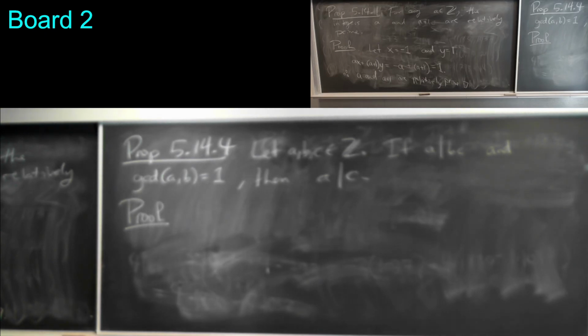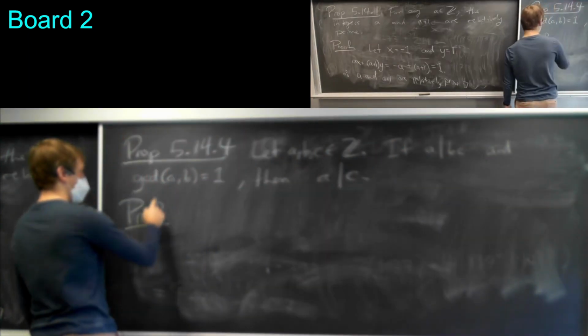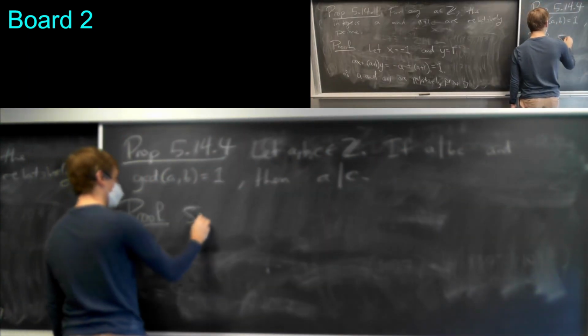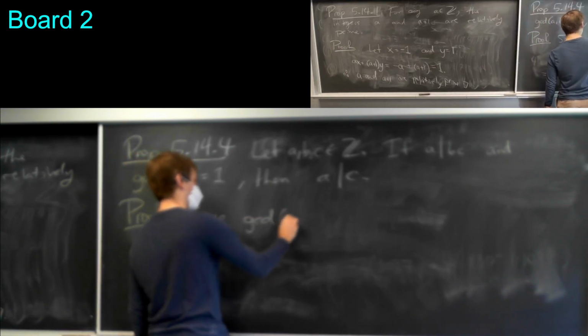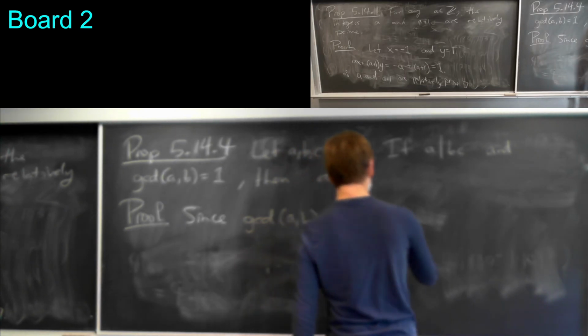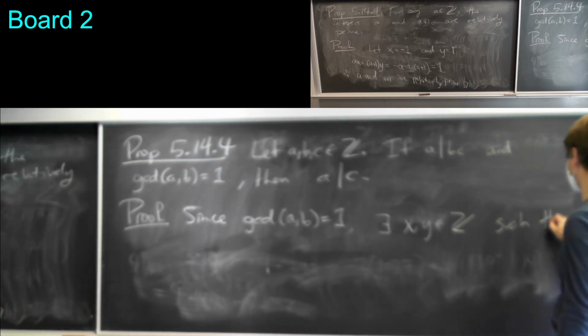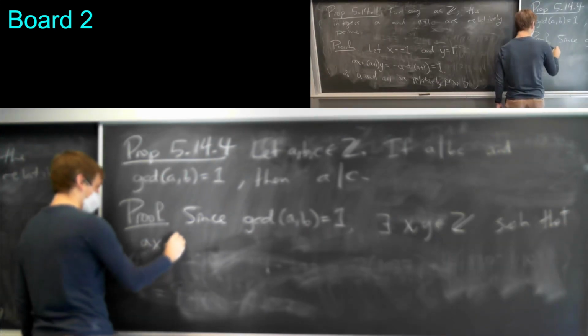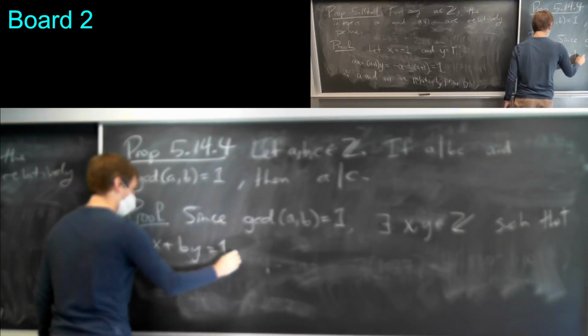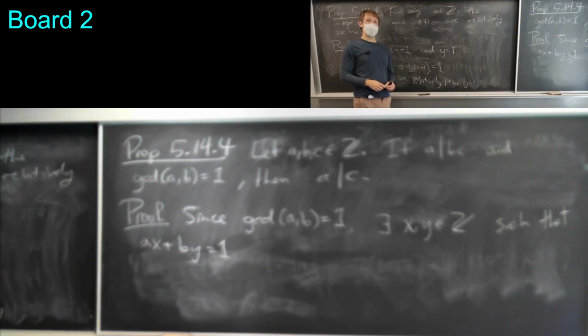We could argue using the prime decomposition like that, but let's do this using the ax plus by thing we've built up. Since a and b are relatively prime, we know that there exist x and y such that ax plus by is 1. Which maybe doesn't seem that useful.